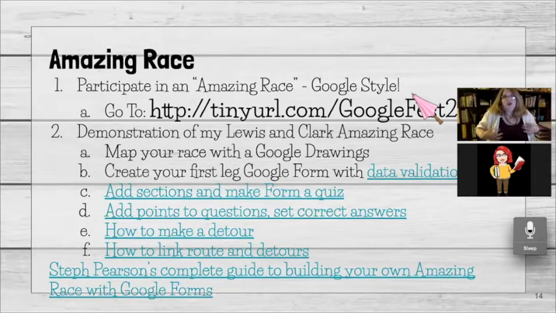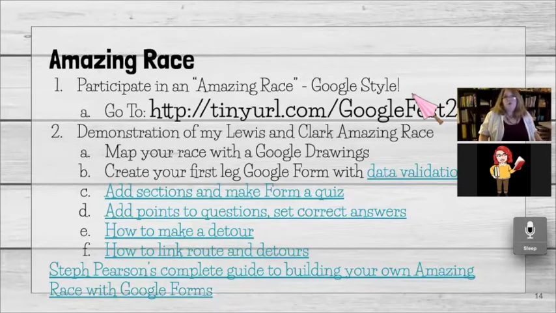Try it out. I've added a lot of helpful videos that I found online. Steph Pearson created this amazing guide to building your own amazing race, and it walks you through step by step. I've linked that in the Google Doc I shared at the beginning of the webinar. I was using her guide verbatim, and I made some mistakes when I beta tested it.